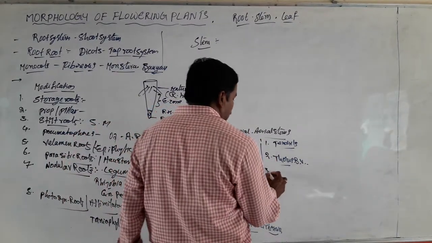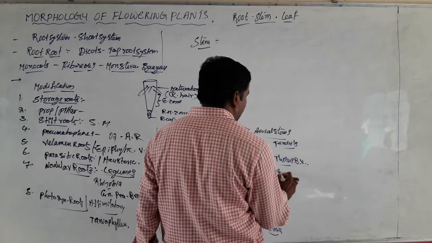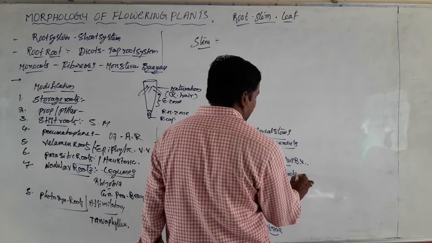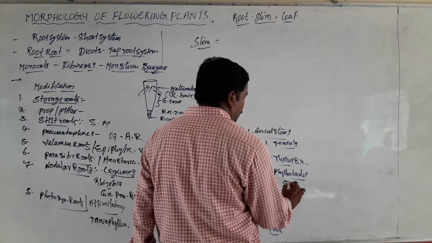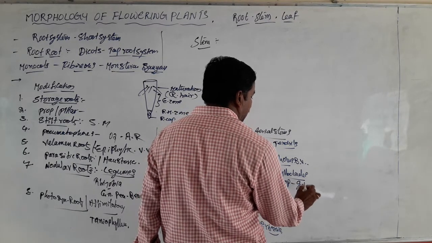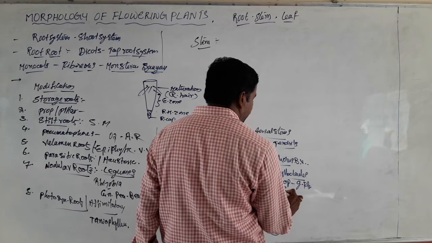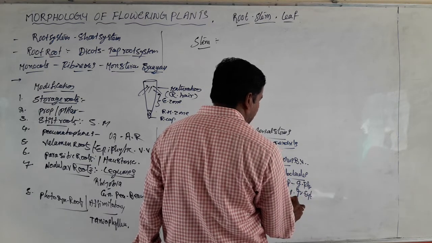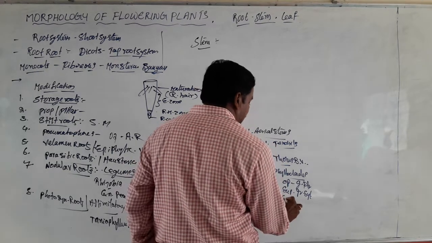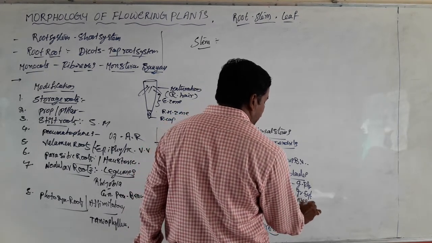And the third one is phylloclades. In Opuntia, they are green and flattened. In Euphorbia, green and cylindrical. In other plants like Casuarina, needle shaped.